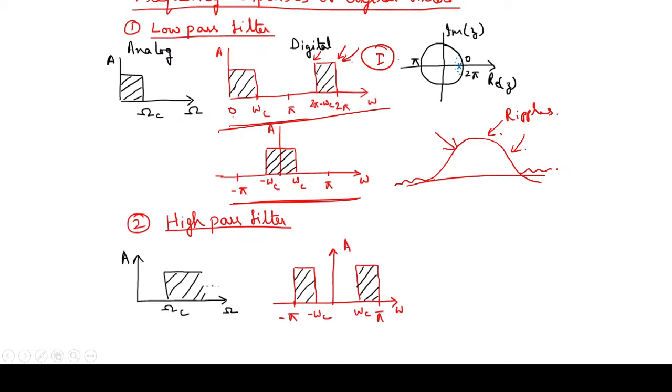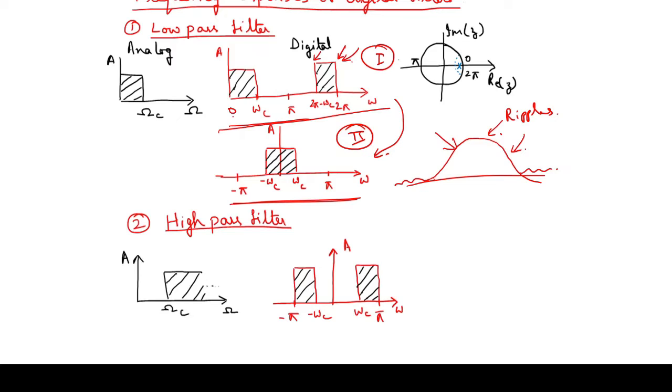On the contrary, in the second case, when we represent it in the minus pi to pi region, the limit changes from minus omega c to omega c. We have discussed previously that the frequency responses repeat themselves after the 0 to 2 pi region, so even in the negative region there will be a repetition of the frequency response of the filters.